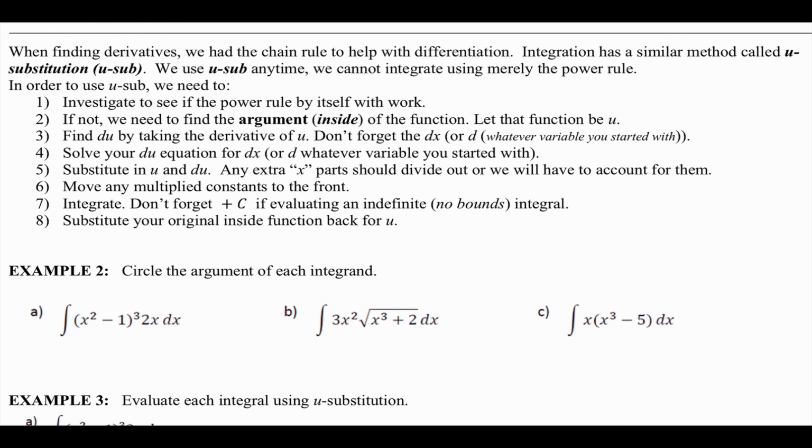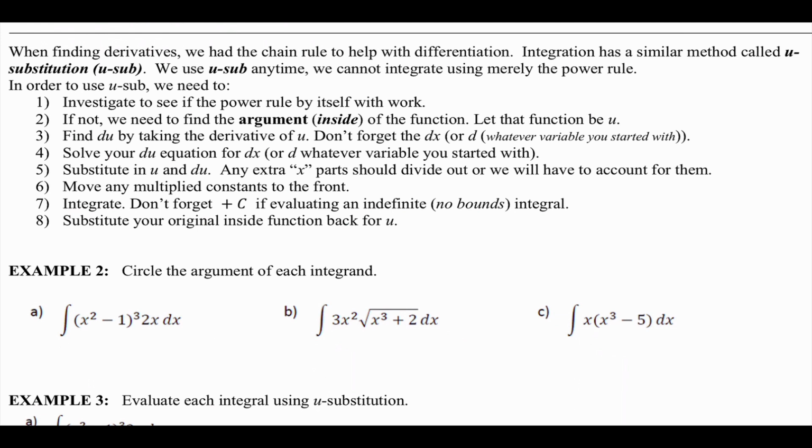If not, we need to find the argument, the inside of the function. That function is going to be called U. Okay? Find the derivative of that. Then we're going to solve that du equation, and then substitute.